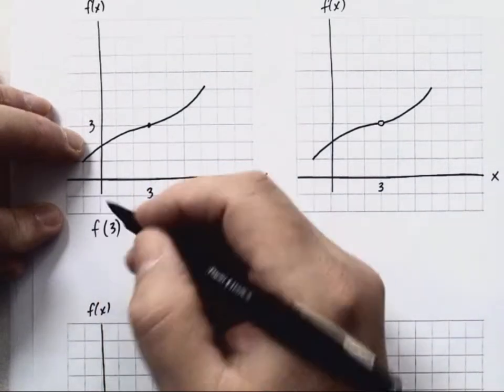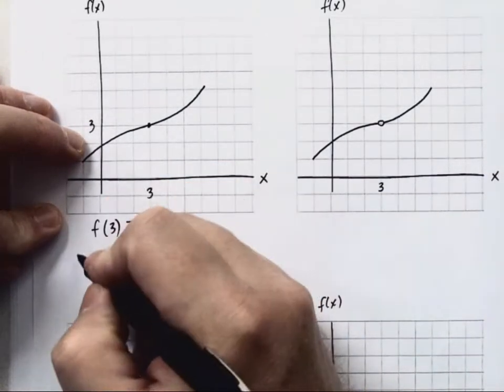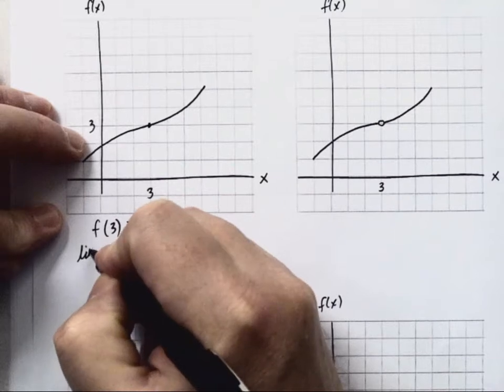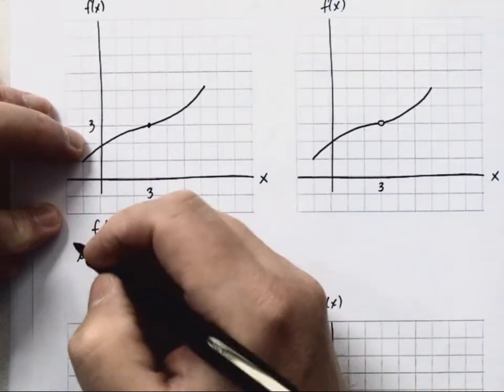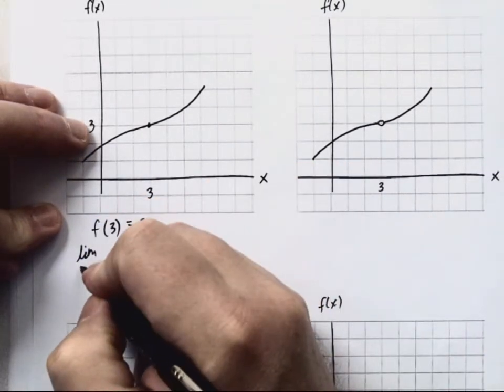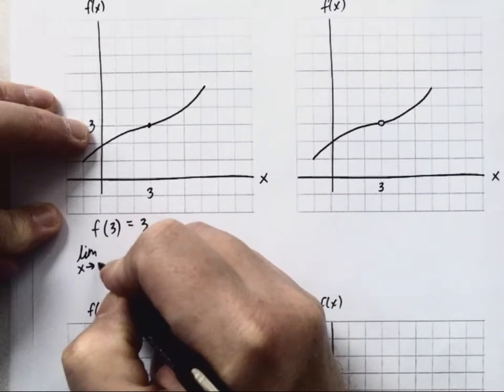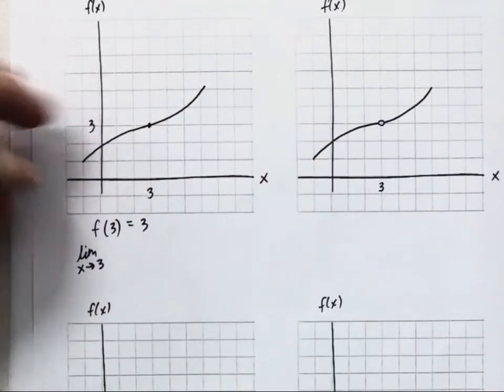The next thing I want to do is, now I haven't really talked about this yet. Let me write it, and then we'll talk about it. The limit as x approaches 3.